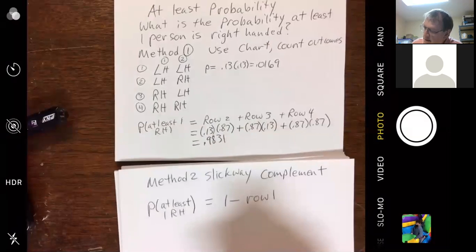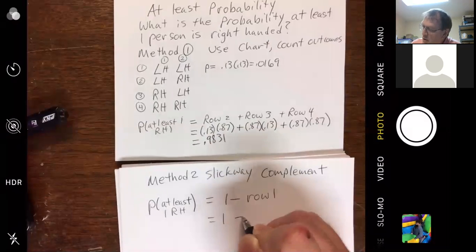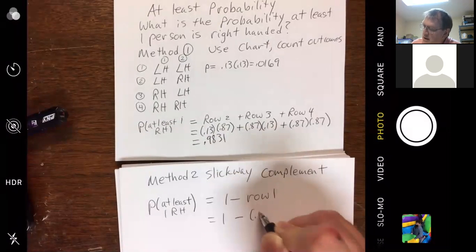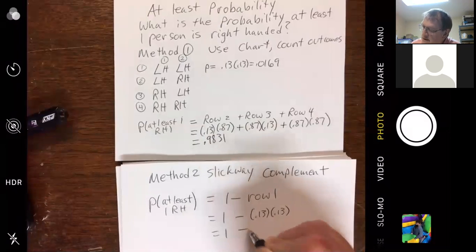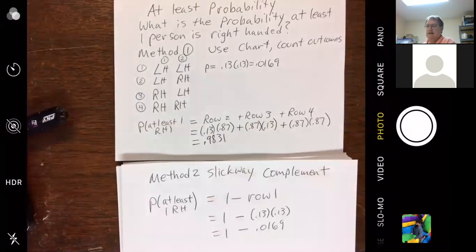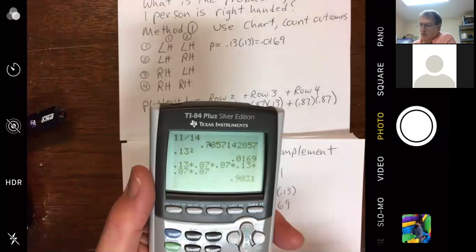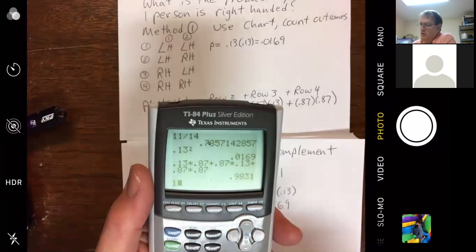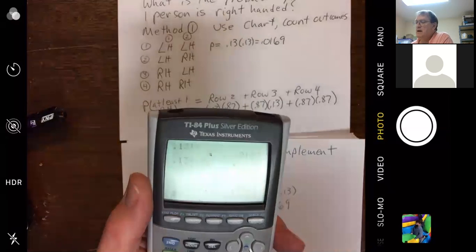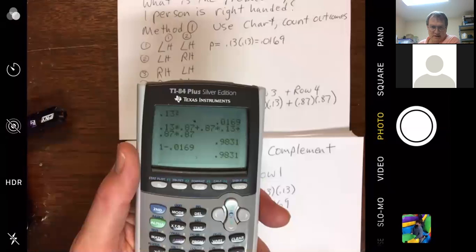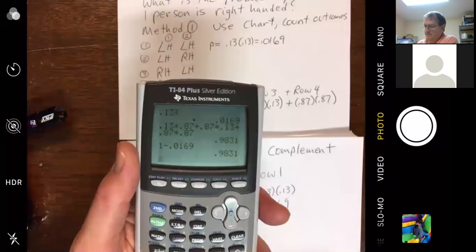Well, that is 1 minus 0.13 times 0.13, 1 minus 0.0169. There it is, 0.9831.